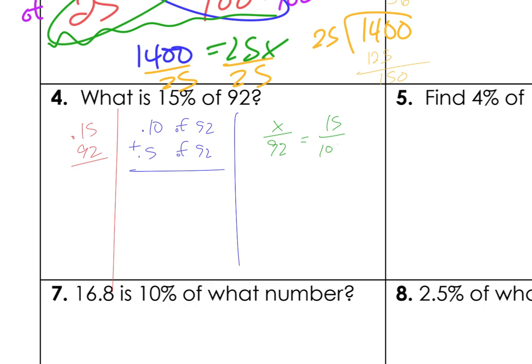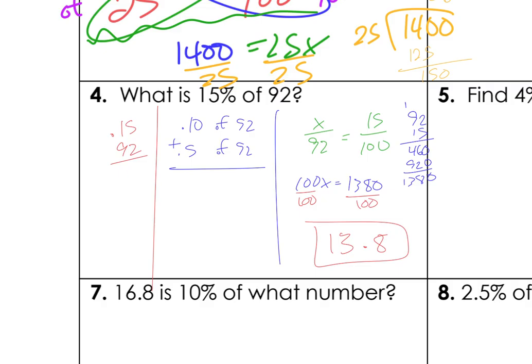You could cross multiply and get 100x equals 92 times 15. Let's see, that is 1380, divide by 100, and we would get 13.8.